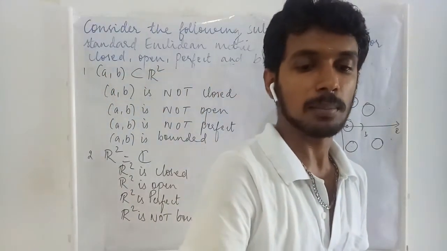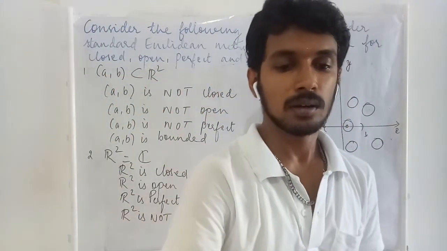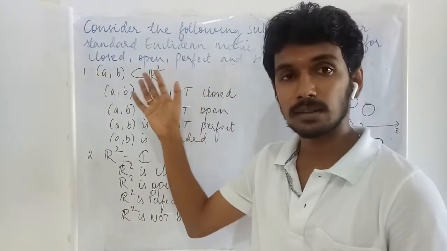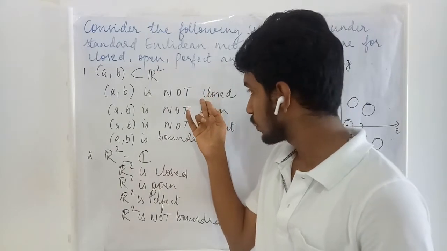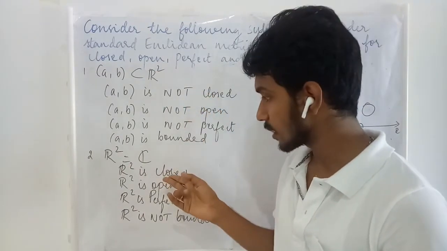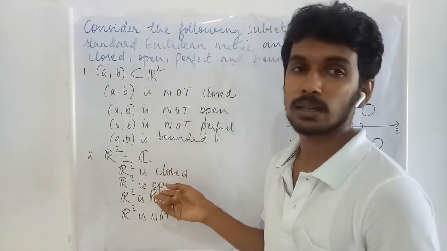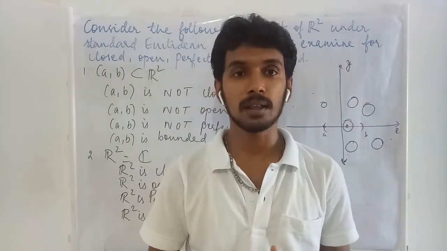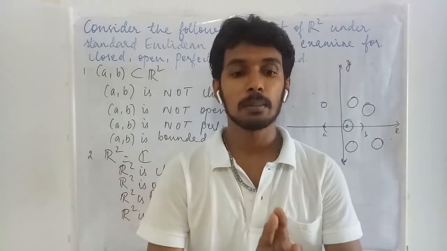In these two examples, you might have noticed one more thing: the first set is an example of a set that is neither closed nor open, and the second is an example of a set that is both closed and open. So based on the set and the metric, openness and closedness may vary.